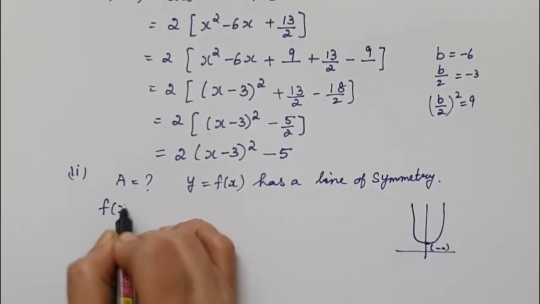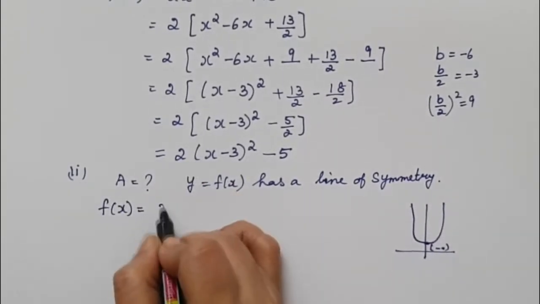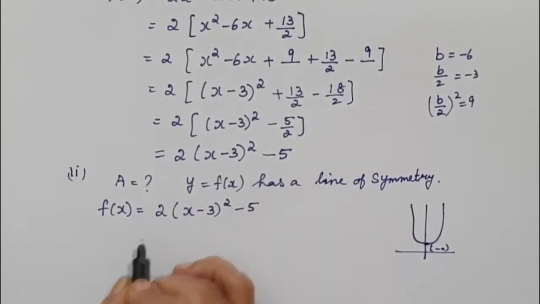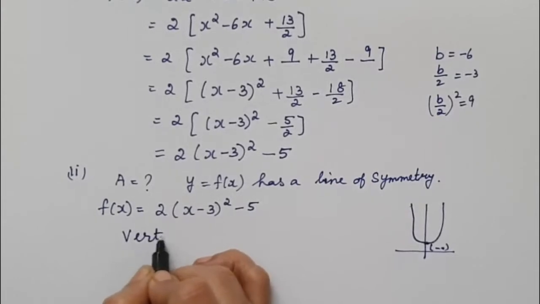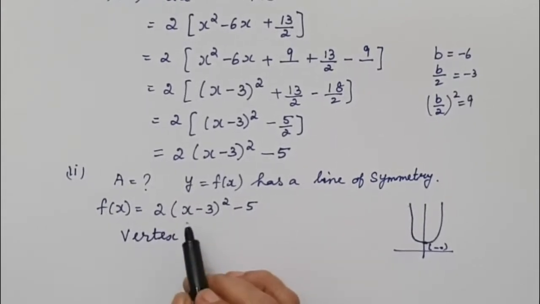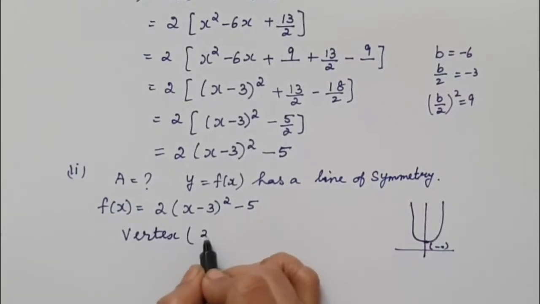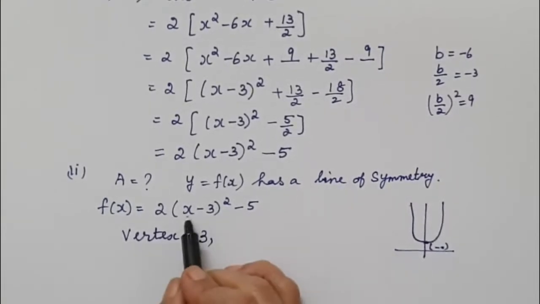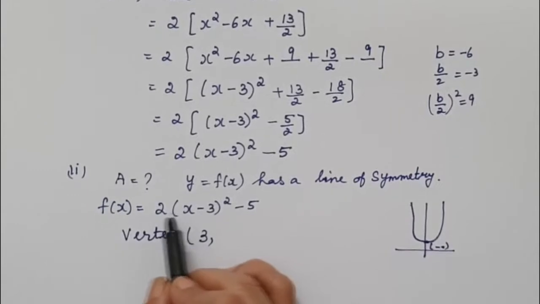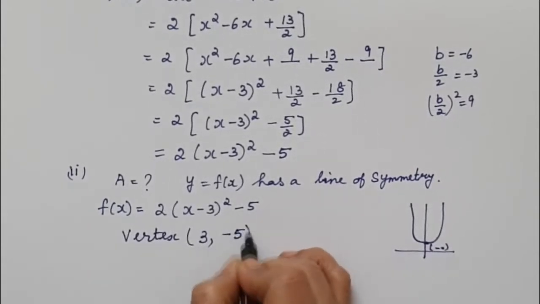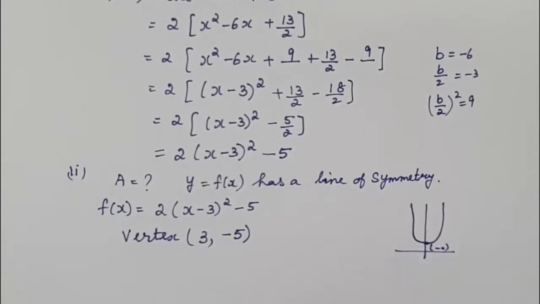We have f of x equal to x minus 3 the whole square minus 5, which we have already found. For this, our vertex is found by making x minus 3 equal to 0, so x will be equal to 3. When this term becomes 0, that is when we substitute x as 3, we get our y value as negative 5. So this will be our vertex.